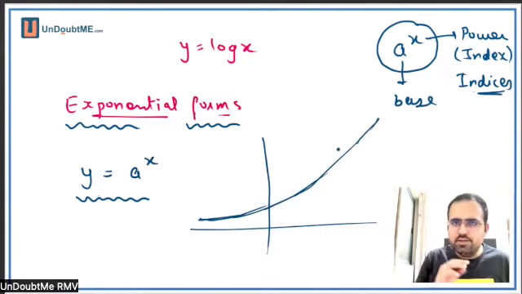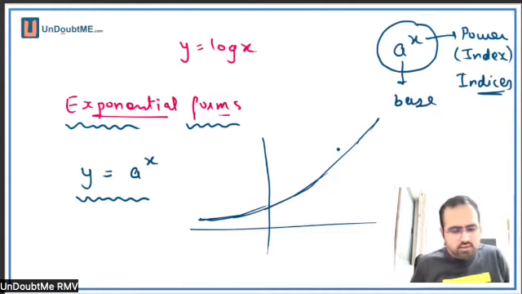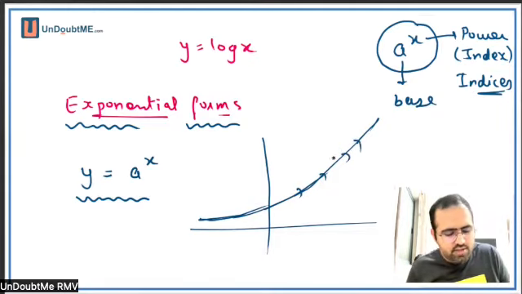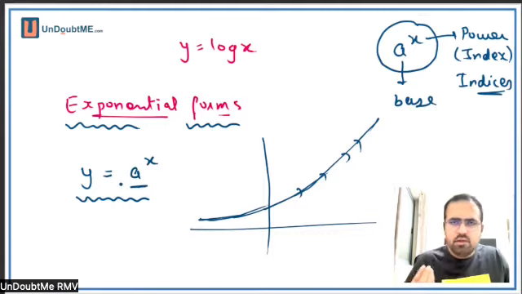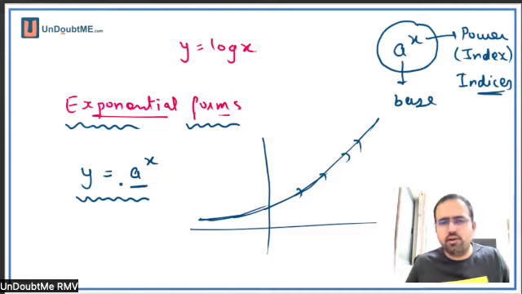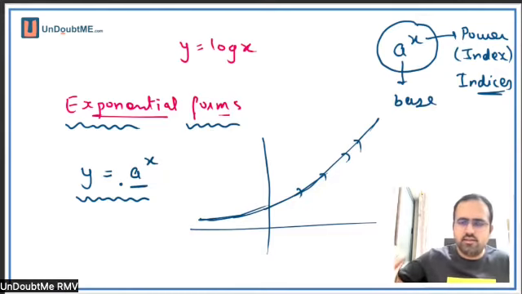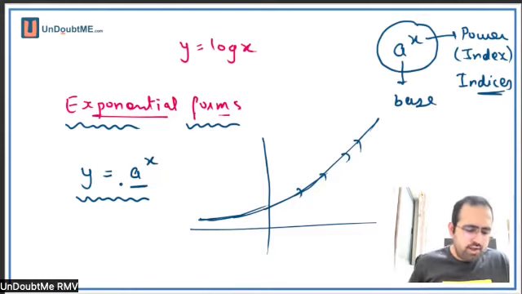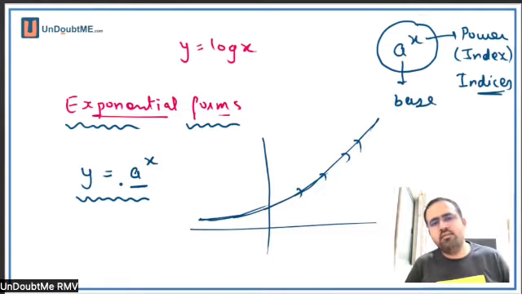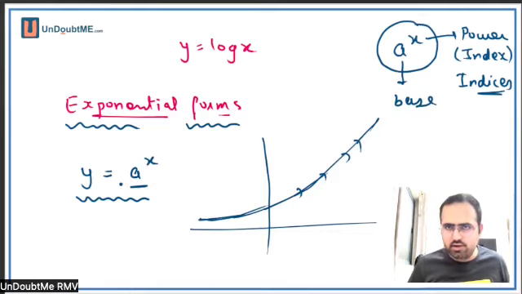As you put positive values of x, a being a constant, it can be any constant, 2, 10, whatever, it will rise like this. Now the point is, log is just one more representation of an exponential function. To be precise, log is the inverse of the exponential function.